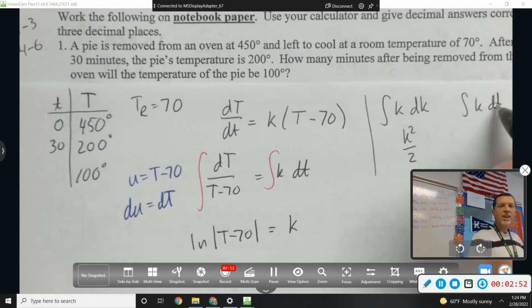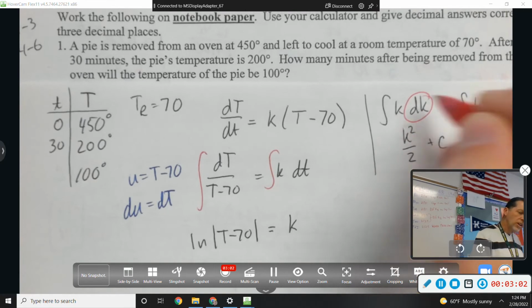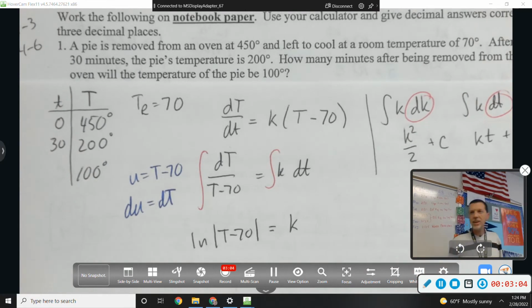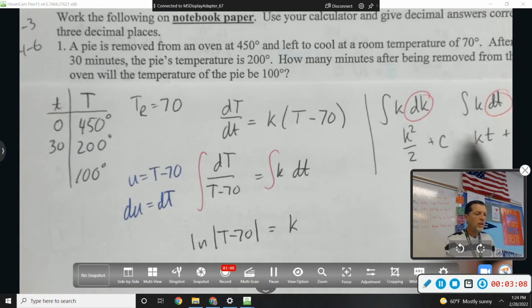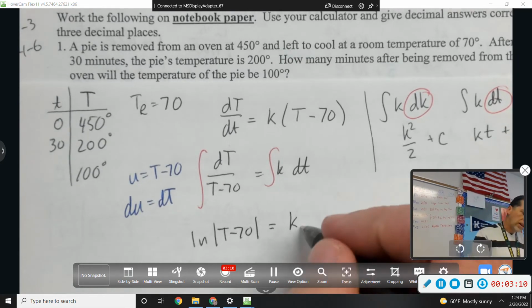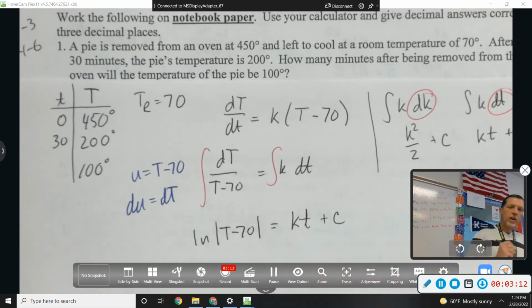This means t is the variable. So what's the antiderivative of k dt? kt. They both need a plus c. So when we first started, a lot of times people are like, well, what does that dk dt at the end matter? It's like, well, it tells you which variable we're integrating with respect to. So kt plus c.